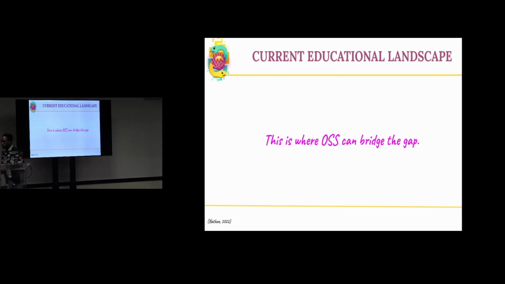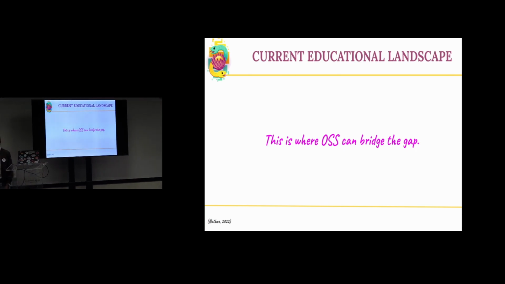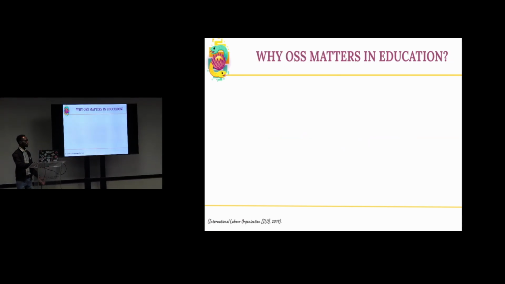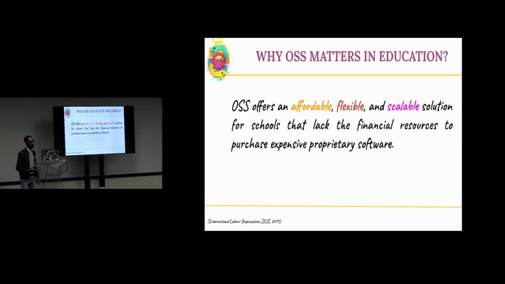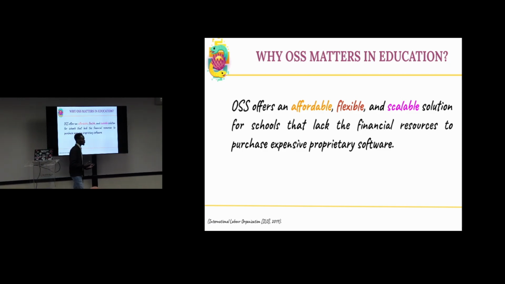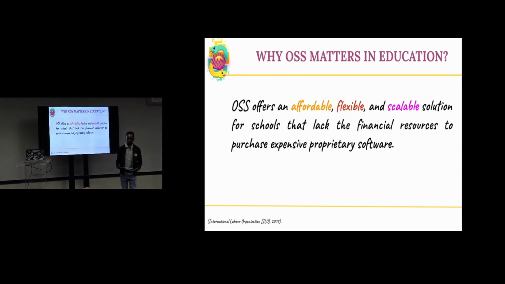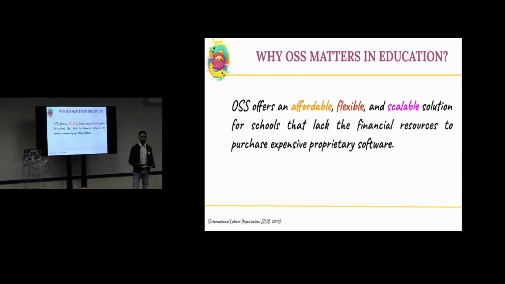So open source can help us bridge this gap of infrastructure issues, software cost issues, and also access. And why does it matter? Because, of course, with open source software, we have affordability. If you tell learners that open source software is actually free, then we can afford it as a school. Schools operate on a budget, for instance state-owned schools, which are a lot in many countries.